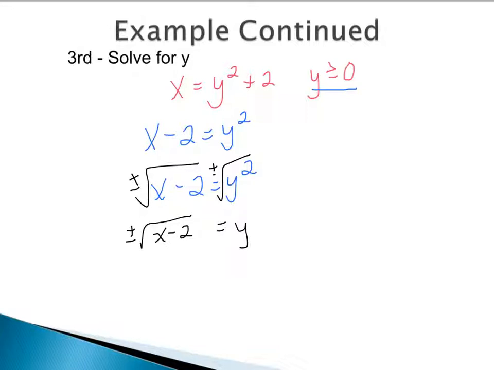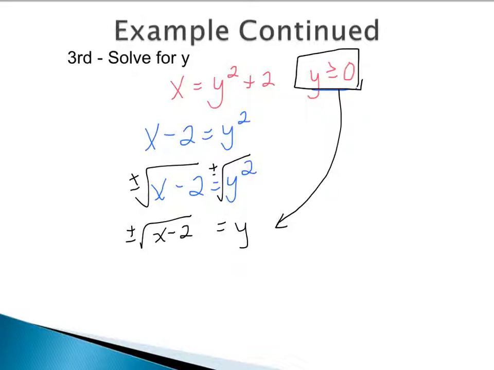Now that step is important with the plus or the minus, and then this is where that domain restriction comes into play, because in order for this inverse to be the true inverse of that domain restricted original f of x function, we only want the part that satisfies this restriction for our inverse function. So we only want the y's that are greater than or equal to 0.